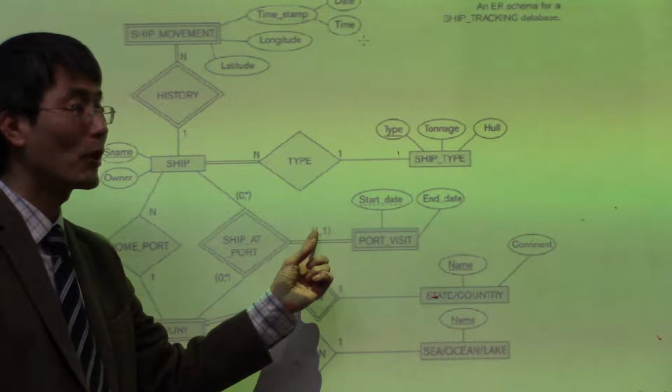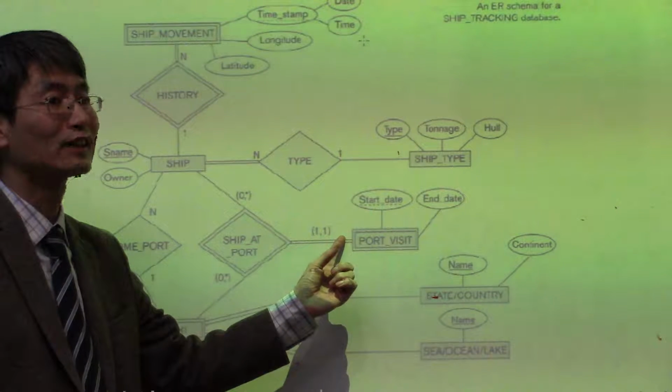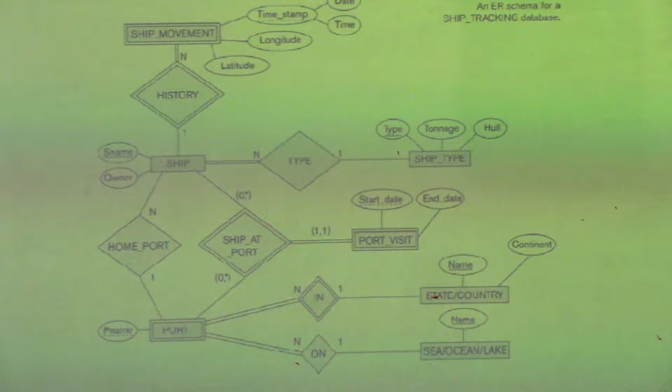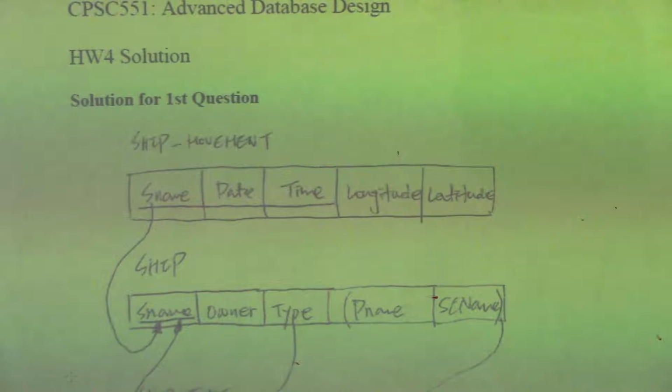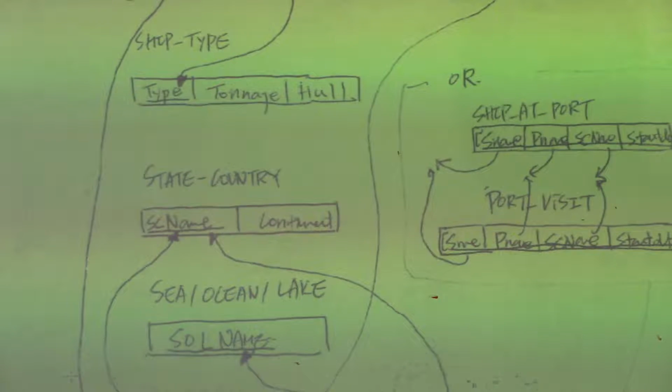And you can see it's a minimum 1, maximum 1, right? So by following the rule of mapping, it is like this one. I change it.